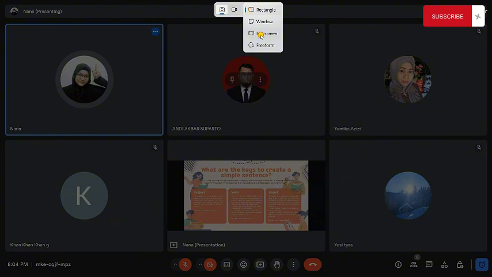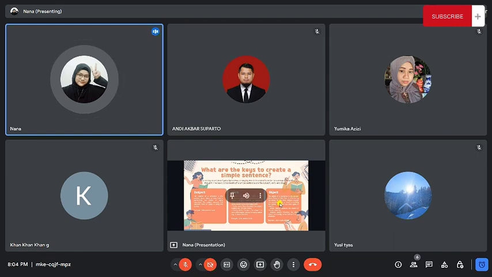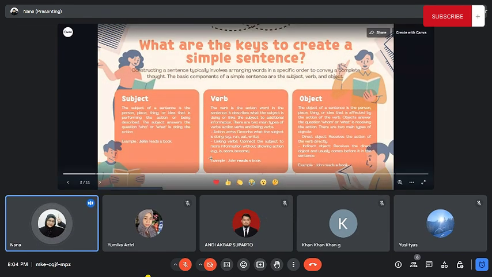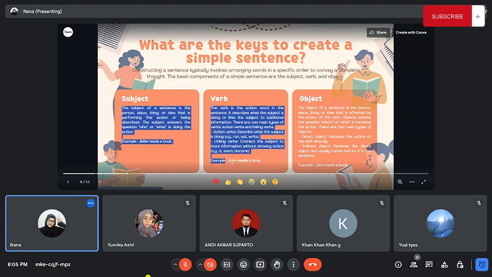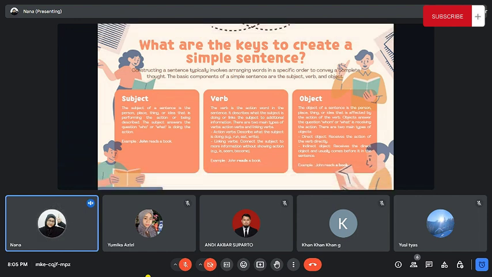Linking verbs connect the subject to more information without showing action, for example is, seem, become, and so on. So the example of verb here: John reads a book. The verb here is reads. I'm pretty sure most of us already know these key points, but I'm just telling you this to maybe help you build a better sentence for yourself.